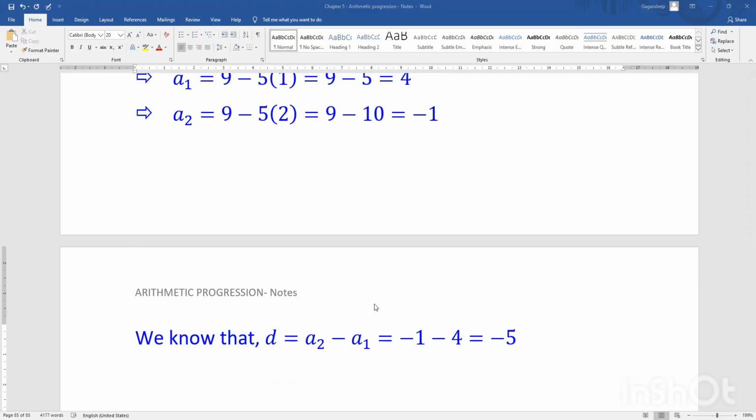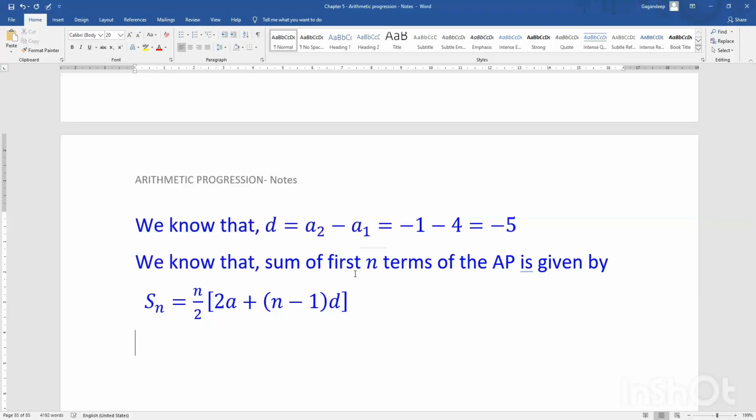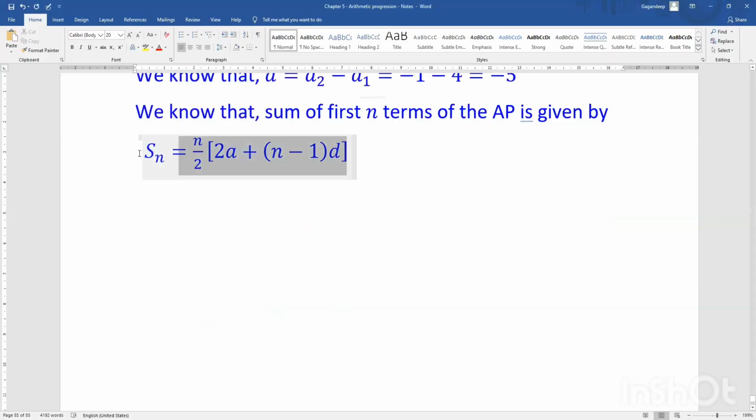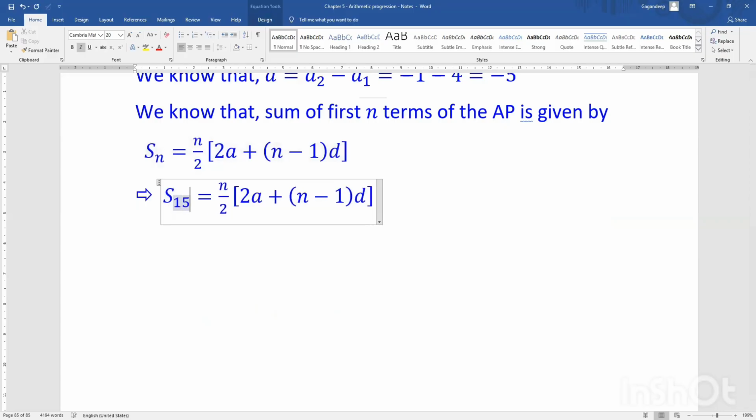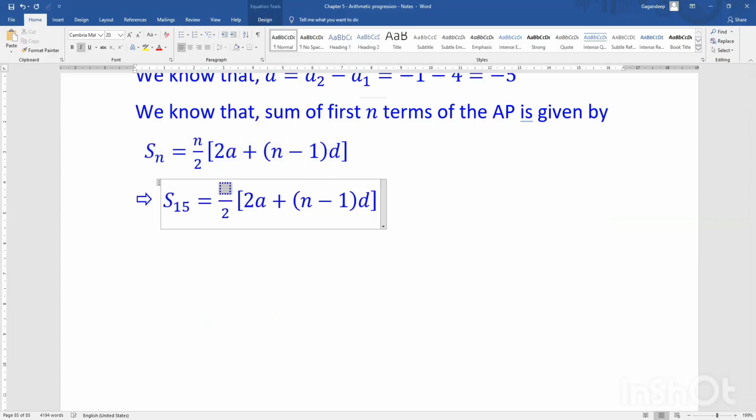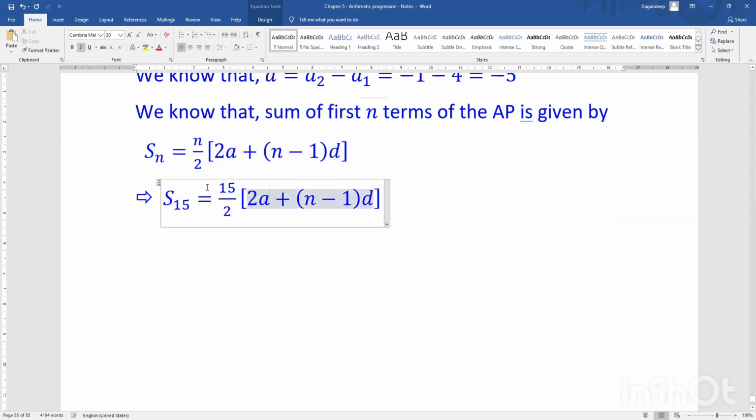Then we know that Sn is equal to n by 2 into 2a plus n minus 1 into d. So now I'm going to find out S15. For that same thing, just take this formula here. Replace n with 15. And 2 into a value is 4. And then we have 15 minus 1 into d.